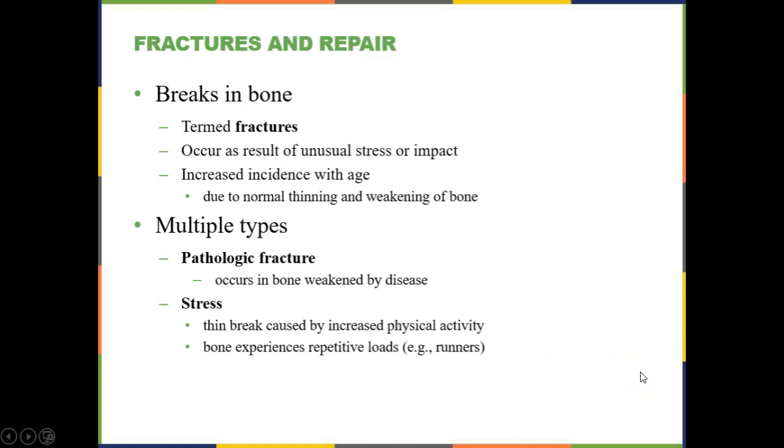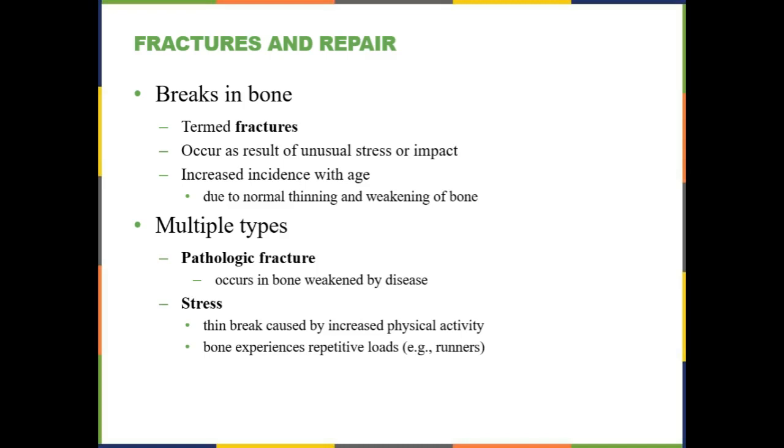One of the last things in this chapter discusses breaks in bones. A break in a bone is a fracture, and there are a lot of different types of fractures. Fractures themselves result from increased stress on bone that causes the bone to break, so snap.